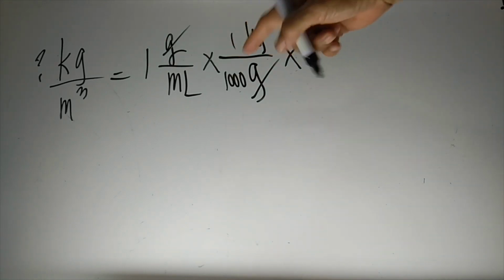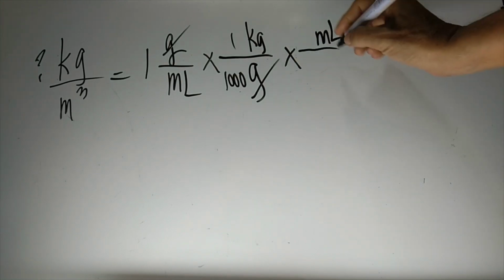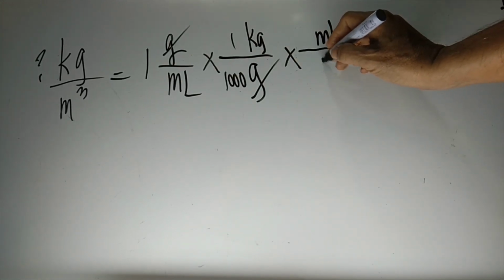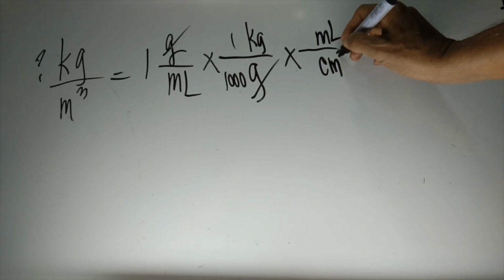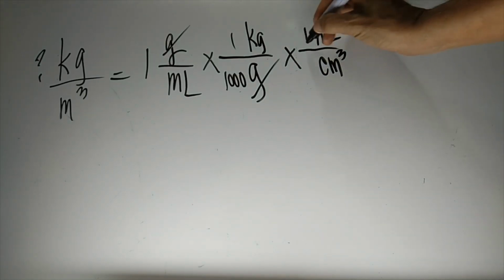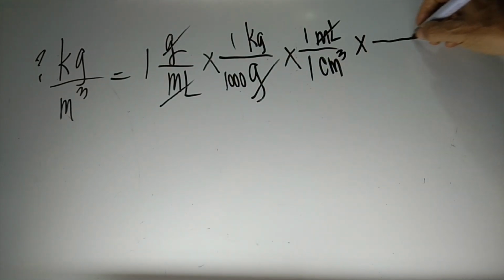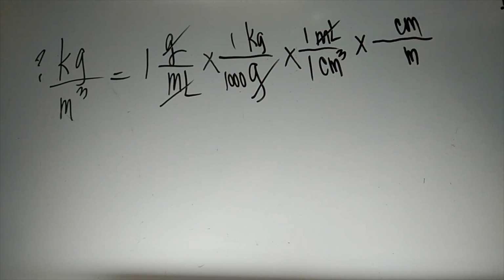We'll proceed to the next conversion factor. This time, milliliter will be on top, and then change it to cubic centimeter at the bottom. So the ratio is 1:1. Cancel milliliter. Times another conversion factor. This time, centimeter on top, and then change it to meter.